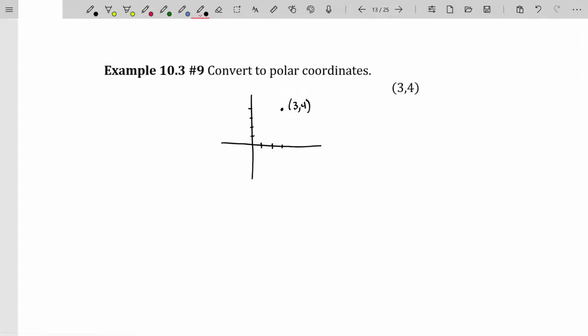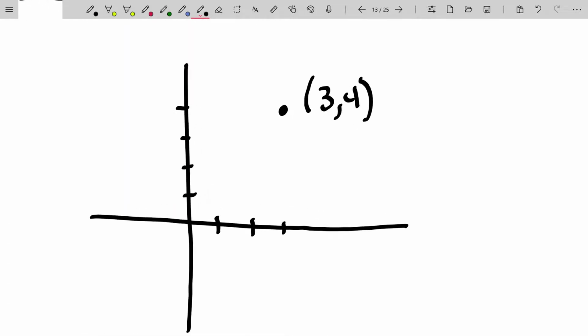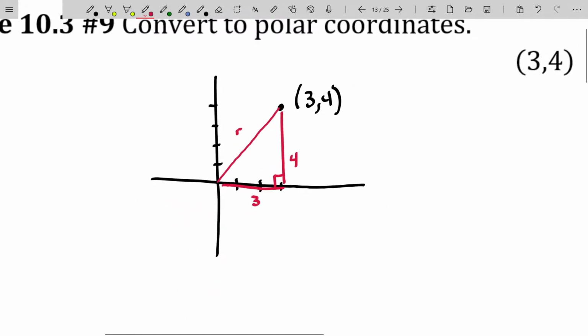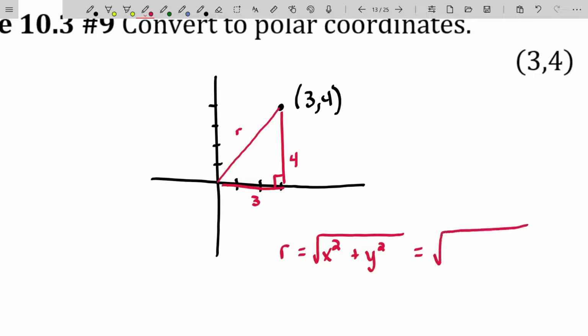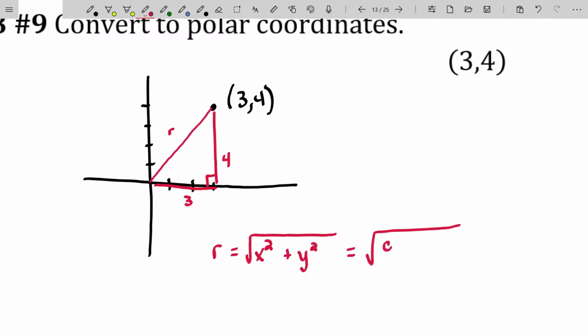If you forget what the theorem is, you at least should know that you need this distance. That distance is r. And if you just know the Pythagorean theorem, then you know what r is. r is equal to the square root of x squared plus y squared, which in this case is the square root of 3 squared plus 4 squared, and that'll be 5 altogether.